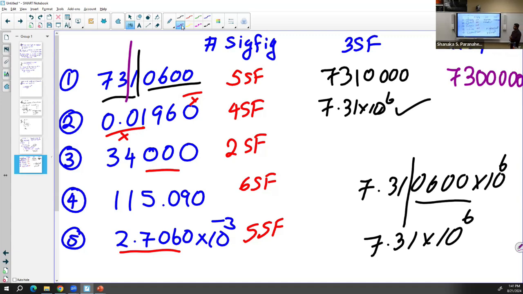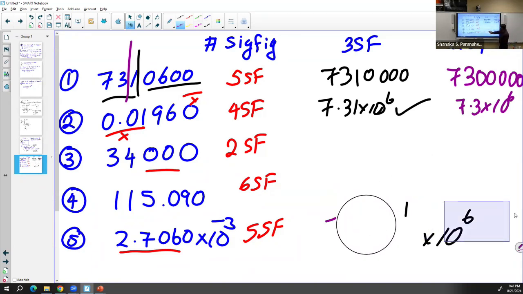We drop all those numbers and replace them by zeros. In scientific notation, you can write it like 7.3 times 10 to the power 6. That will also be correct. Both answers are correct, because there's no decimal point for this number. Only the first 2 digits are significant. Zeros after a number are not significant without the decimal point.